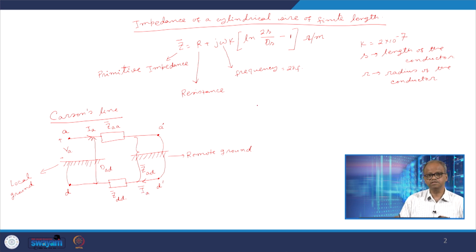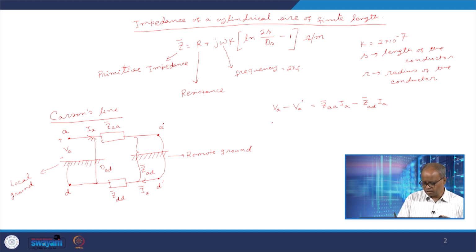With this I can say that VA minus VA dash would be equal to ZAA IA minus ZAD IA, because this is the mutual impedance ZAD multiplied by the current IA, but now the current is going opposite to the original direction, so it would be minus IA.